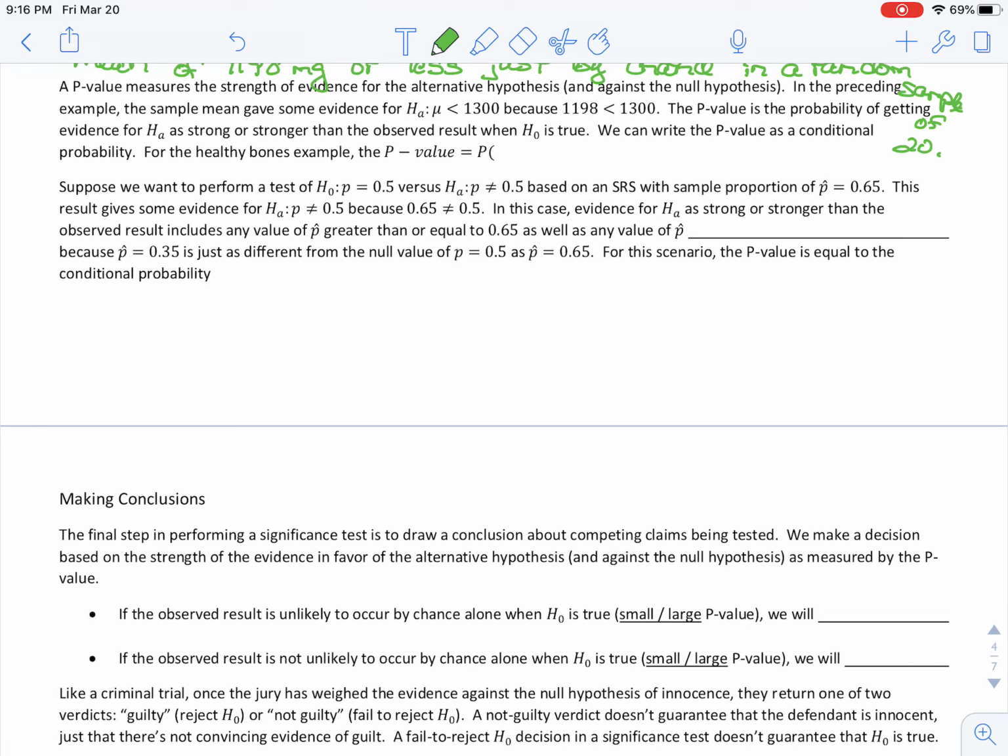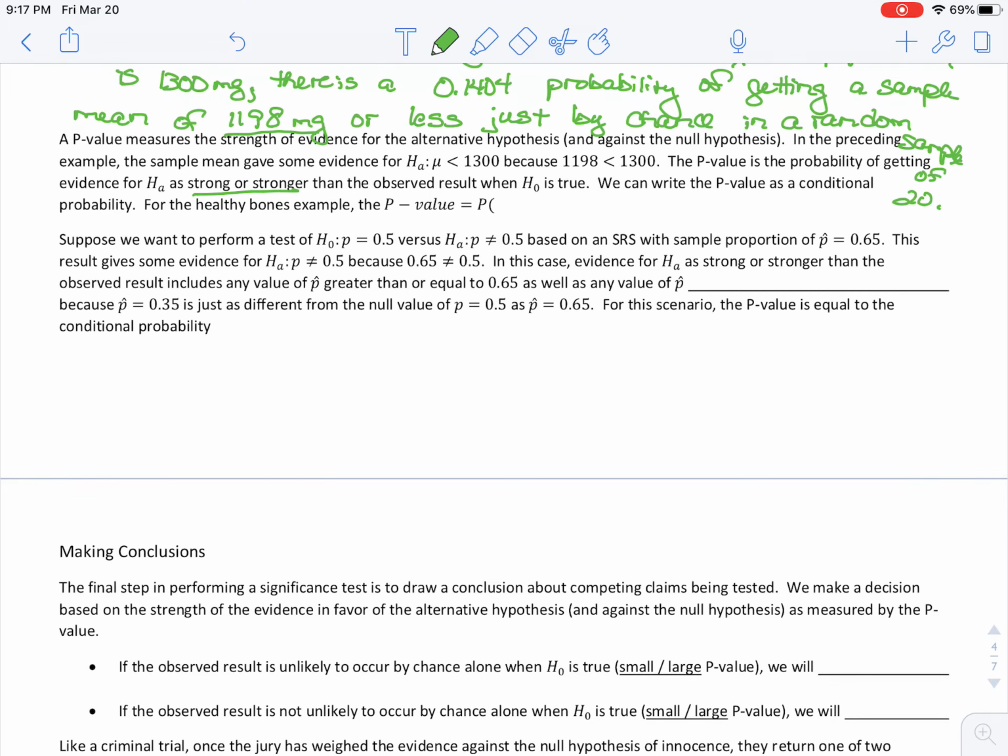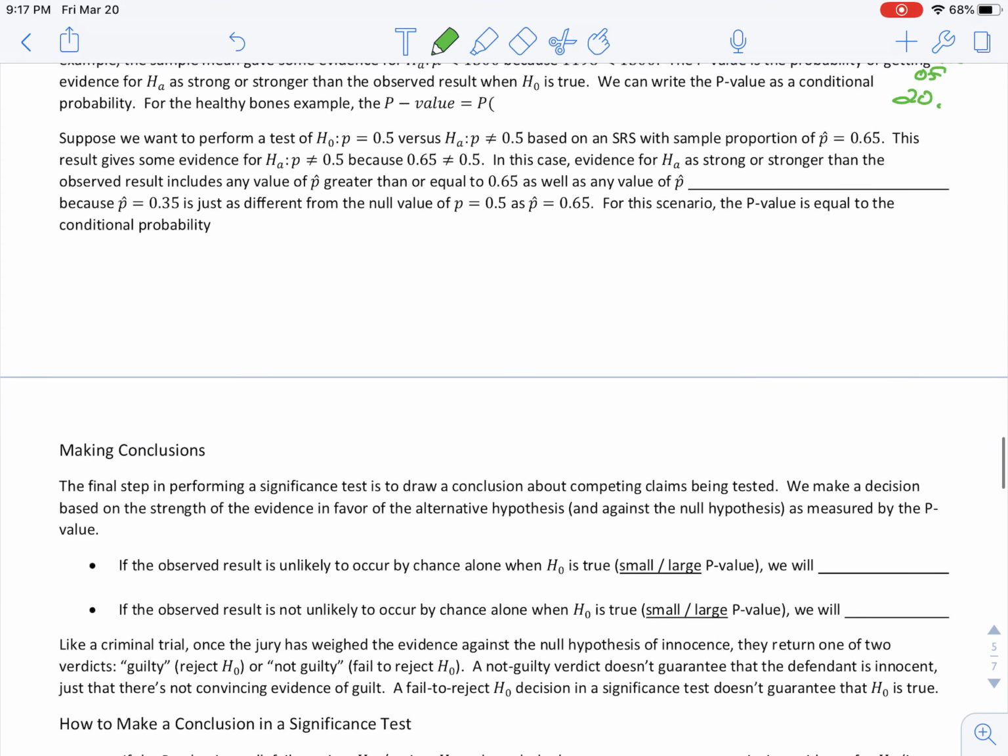In the preceding example, the sample mean gave some evidence that it was less than 1300 because that 1198 number is less than 1300. The p-value is the probability of getting evidence for h sub a as strong or stronger, which is when we said that low or smaller than the observed result, still assuming the null is true. The p-value then can be a conditional probability. It's another way that you can kind of think about this happening.